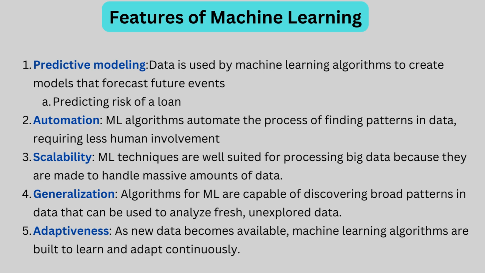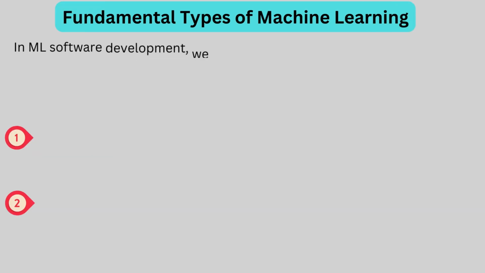And then adaptiveness: as new data becomes available, machine learning algorithms are built to learn and adapt continuously. As a result, they can enhance their performance over time, become more precise and more efficient. So it gives more benefits to humans.